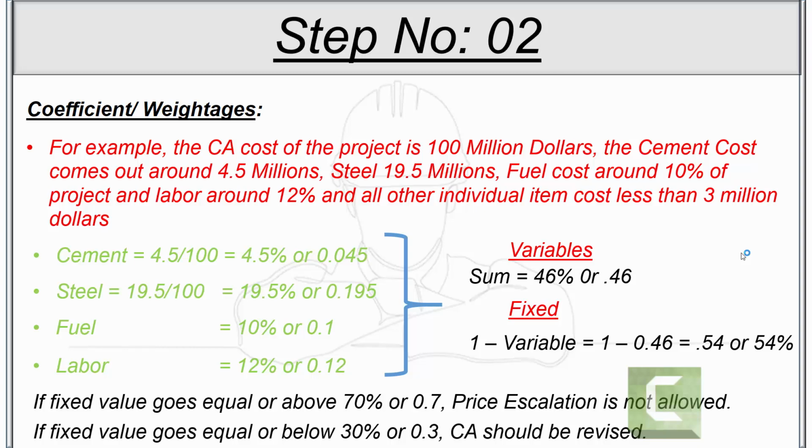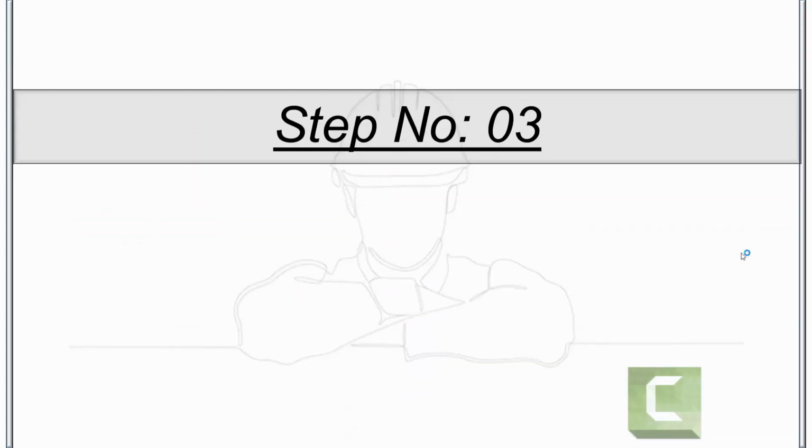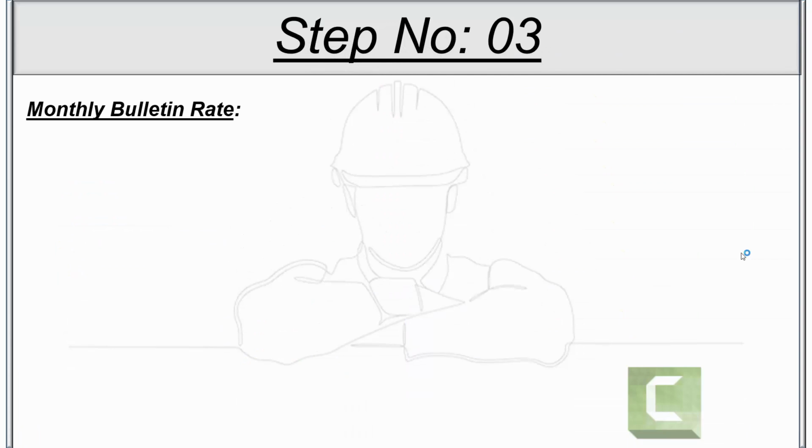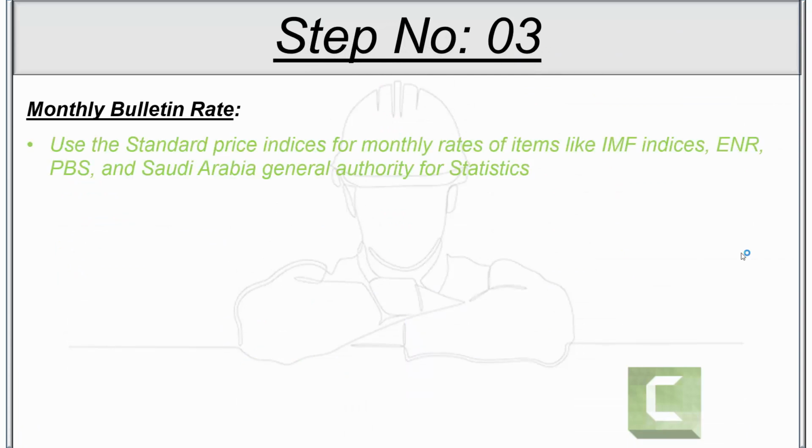In step number 3, just collect all the rates of the months for the items which have more than 3%, like what we discussed above: cement, steel, labor, and fuel. In step number 4, the price escalation factor.